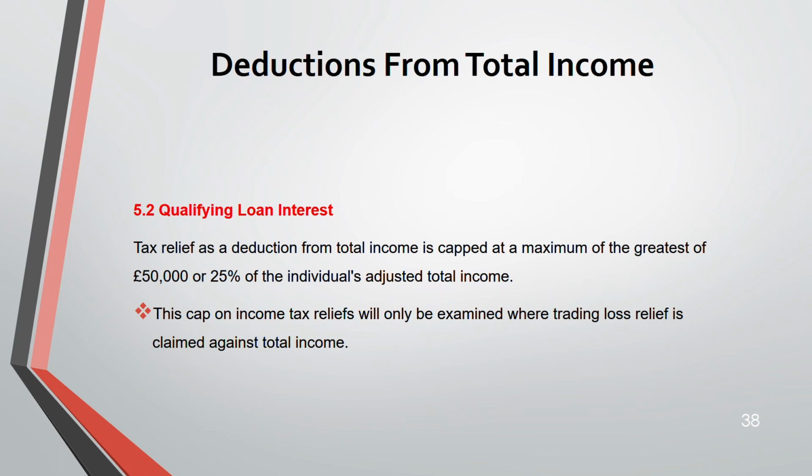And this cap on income tax relief will only be examined where trading loss is claimed against total income. So for you, the easy thing is, remember this deduction cap of 50,000 or 25% of adjusted total income will only be asked when you are also given a trading loss relief. When you are not given a trading loss relief, they will not ask this question. They will not give you this limit.